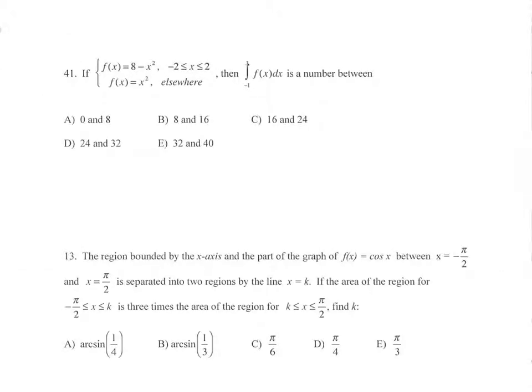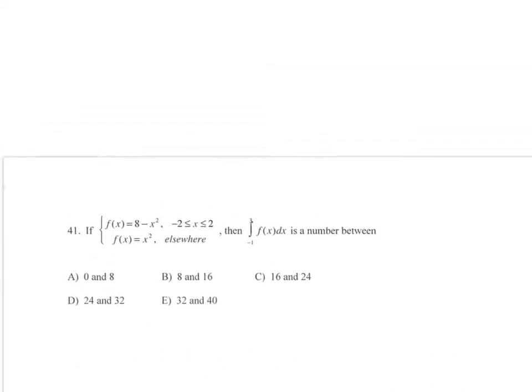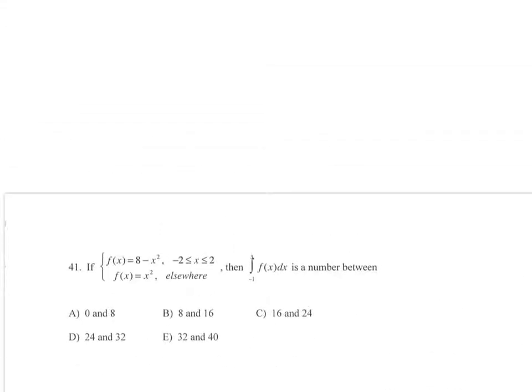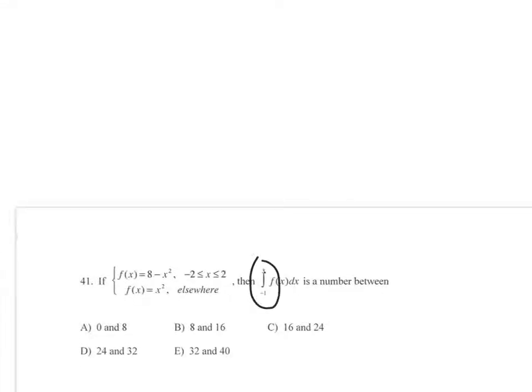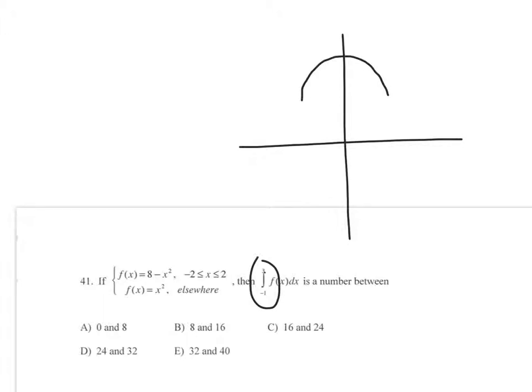And this last page has got some good problems on it. This first one, we want to figure out an integral. So we see the integral. And let's go ahead and see if we can graph this right away here. So 8 minus x squared, upside down parabola from -2 to 2.